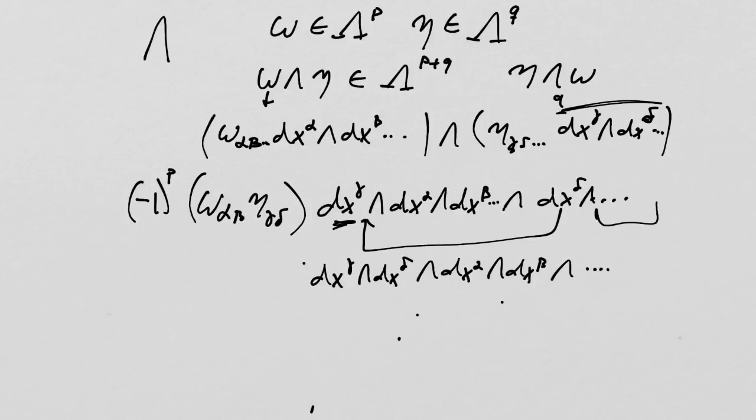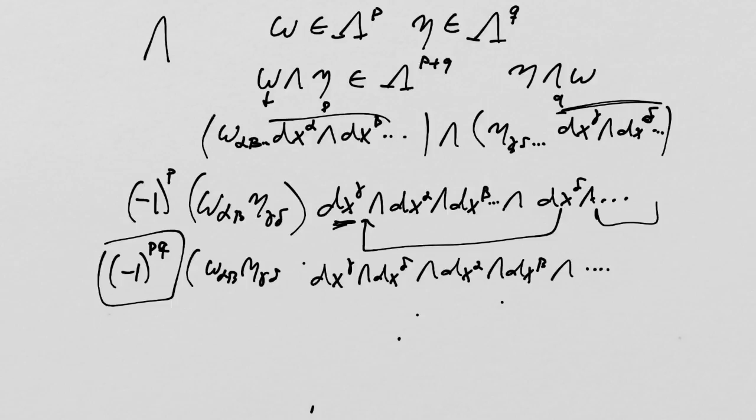There are q of those and there are p of these. So I do this q times, right? And ultimately the sign is going to be minus 1 to the p when I moved gamma, but then I'm going to do that again for every one of these guys q times. So it ends up being minus 1 to the p times q sign changes. And that's the rule.